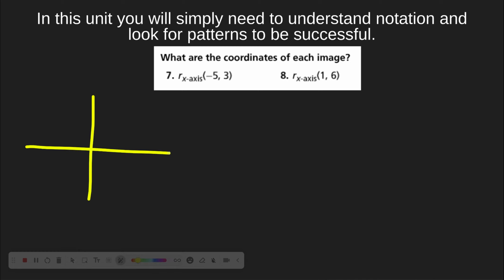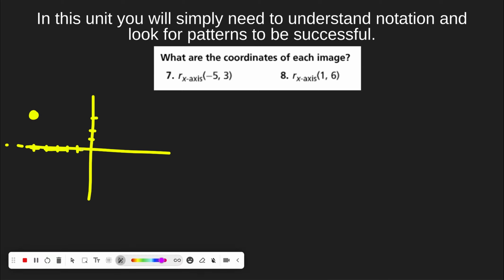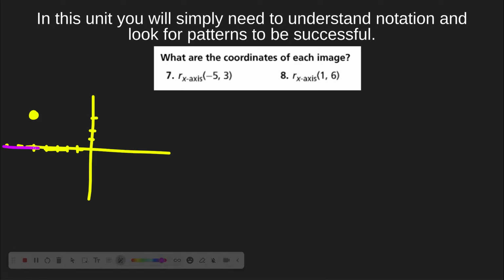So let's look at the point -5, 3. And then let's reflect it about the x-axis. Well, which is the x-axis? The one that goes up and down or the one that goes left and right? The one that goes left and right. Okay, here we go.